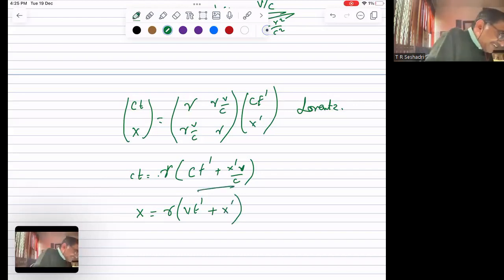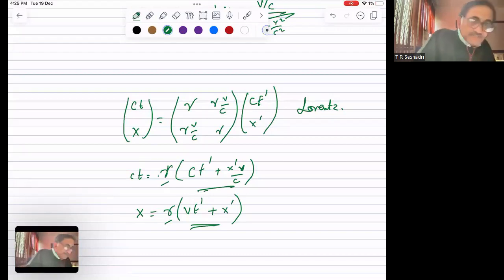So this is the Galilean kind of a transformation tempered by the relativistic correction of gamma, the Lorentz transformation.